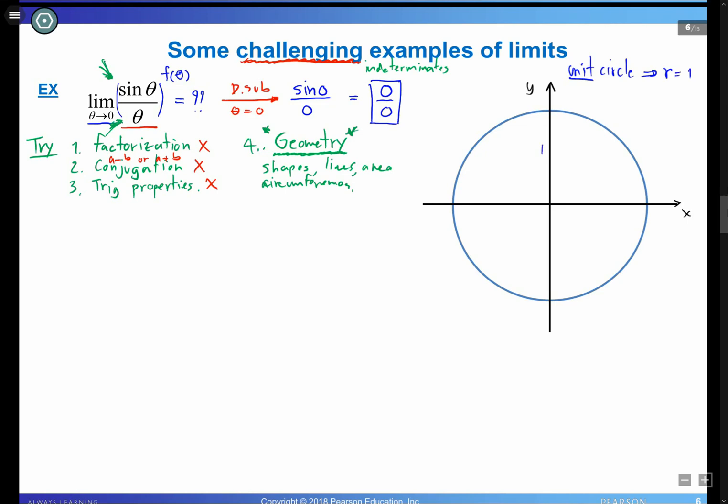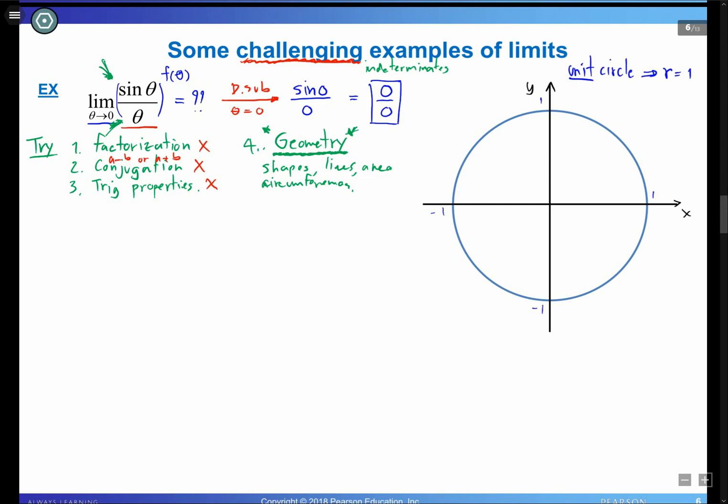So this is length of 1, and right here is 1, minus 1, 1 right here, and minus 1 right here. And we are going to make use of this unit circle to solve this limit. This might sound surprising, but it will work.